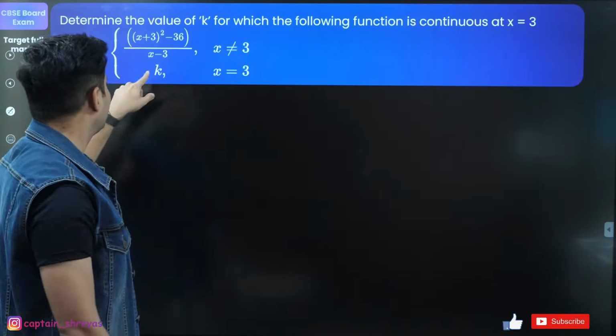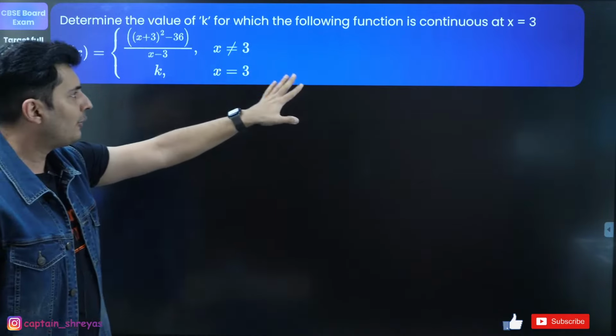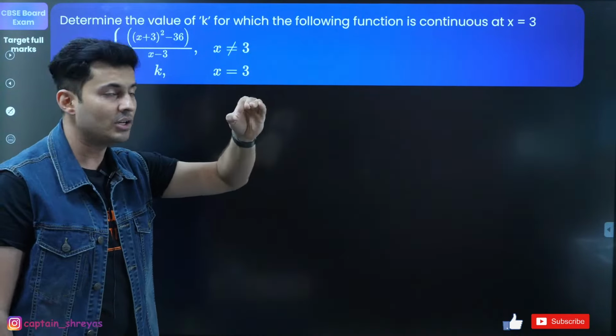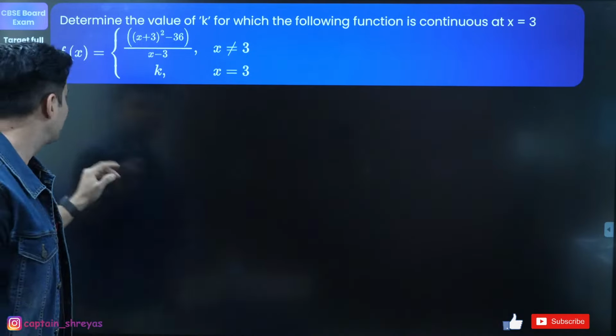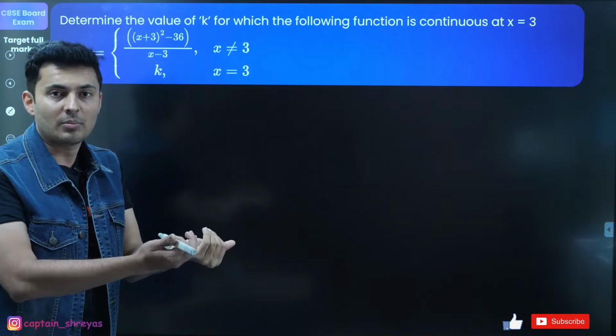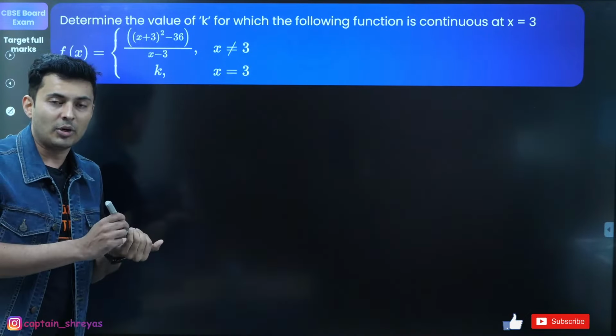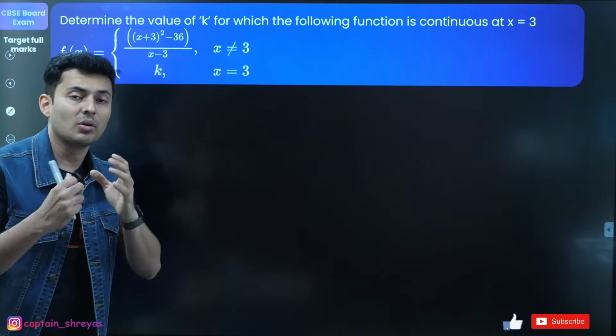What is the value of this k in this function's definition if the function is given to be continuous at x equals 3? Now this is how you define continuous functions, right? You say that the function is continuous at a particular point, then the value of the function at that point as well as the value of the function when x tends to that point is going to be equal.